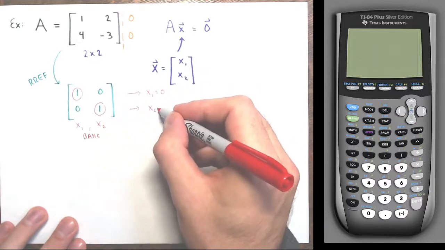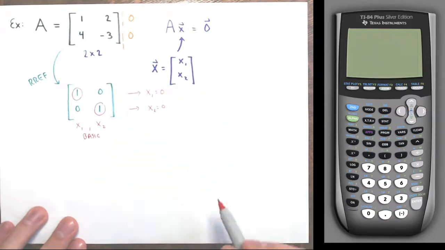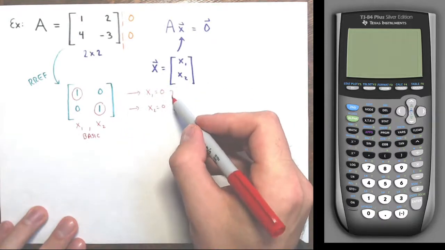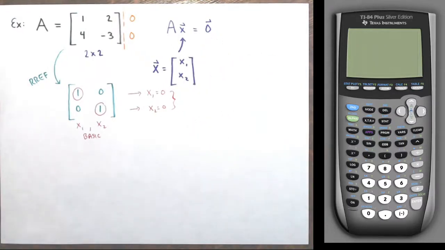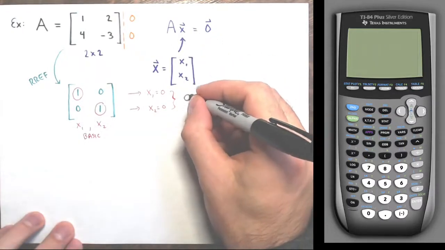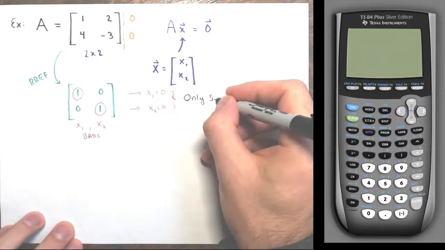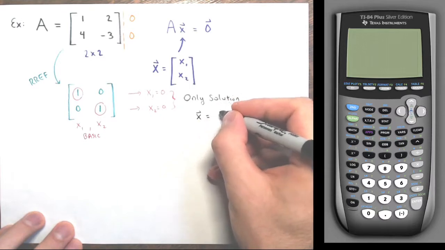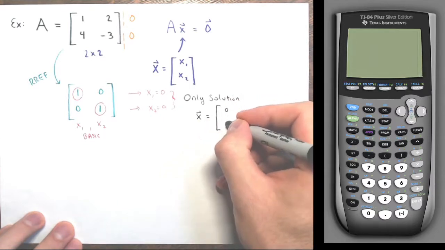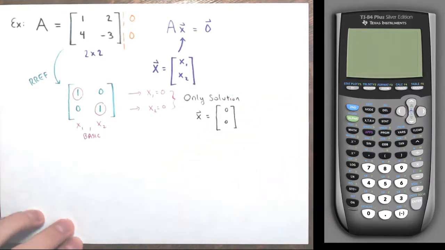Again, I'm imagining the equals 0 over here. So the only solution to this equation, this Ax equals 0 equation, is the 0 vector, where the vector x here is the vector 0 0. Alright, so that makes up the null space.